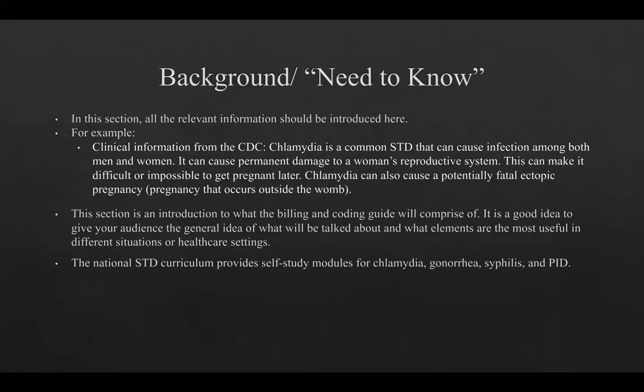This can make it difficult or impossible to get pregnant later. Chlamydia can also cause a potentially fatal ectopic pregnancy, which is when the pregnancy occurs outside the womb. That's just one snippet of what the guide should encompass and what it should tell your audience and readers about what they're going to find as they keep going.